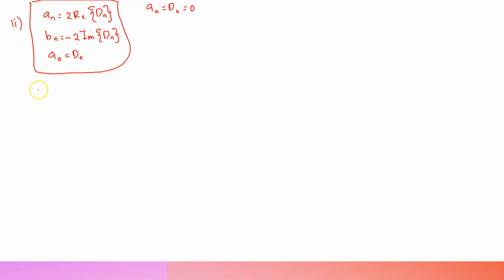So we have a3, because we have d3, d minus 3, d8, and d minus 8, and we have to find the equivalent for each of these. For a3, it is 2 times the real part of d3. Remember d3 equals 1, which is also equal to d minus 3.